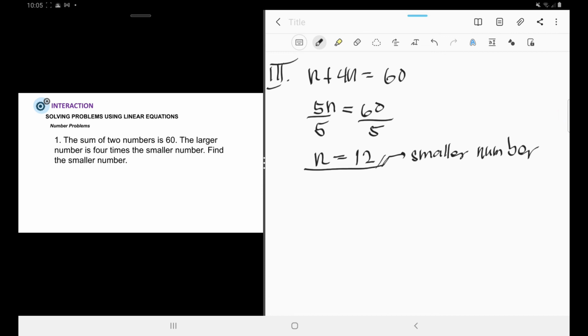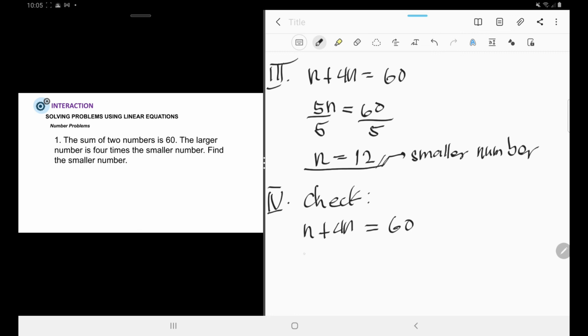Be sure to answer the question in the word problem and check that your answer satisfies the conditions stated in the problem. Okay, so step 4 is we are going to check. Our equation is n plus 4n is equal to 60 and the value of n is 12.